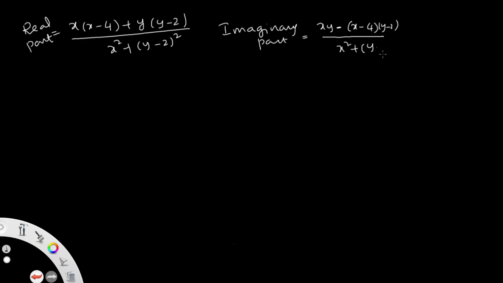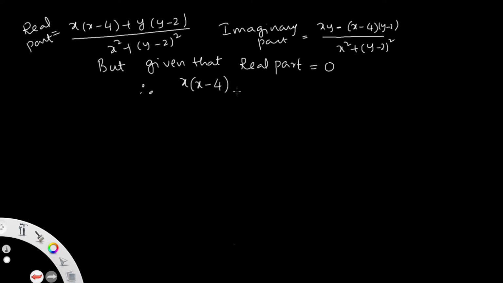But in the question it is given that only the real part should be equal to 0. So we take the real part only: x into (x minus 4) plus y into (y minus 2) divided by x square plus (y minus 2) whole square equals 0.